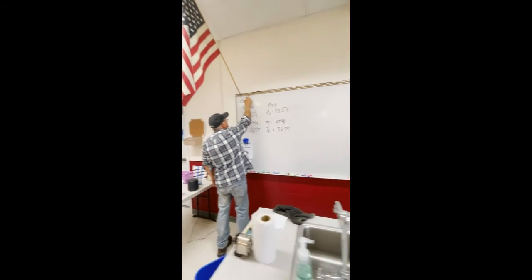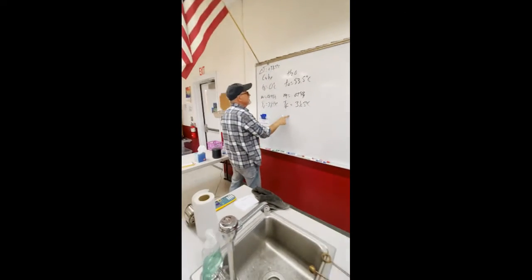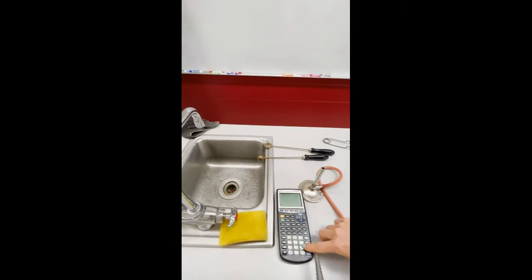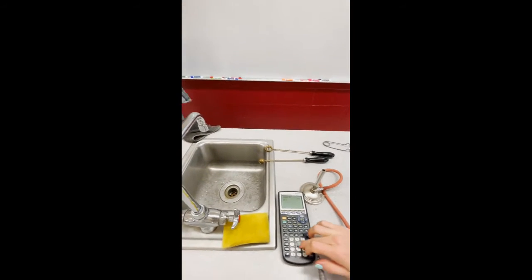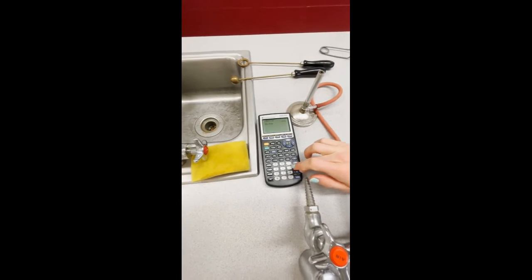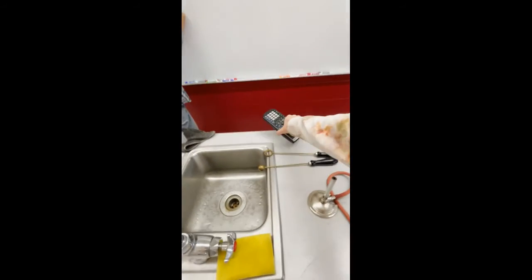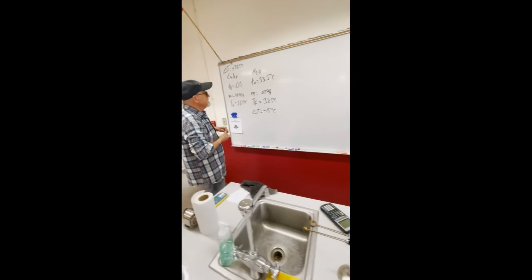That's going to be plus 38.5 degrees Celsius. For the water, delta T is final minus the original. That's 38.5 minus 53.5. And I get negative 15 degrees Celsius. Okay, does that make sense?